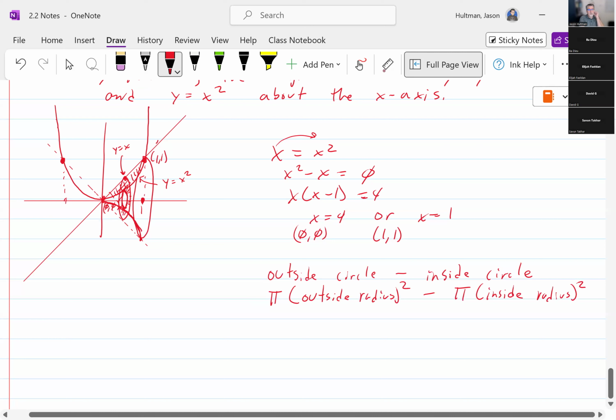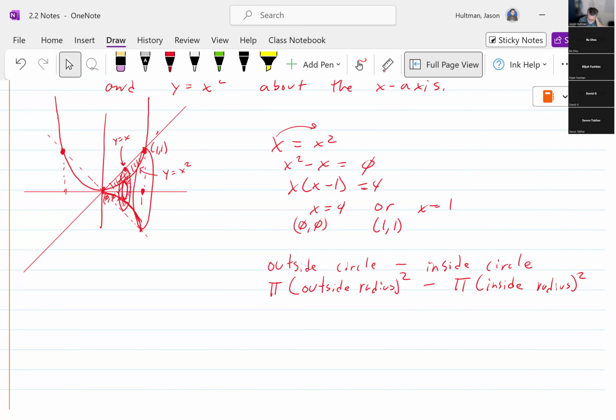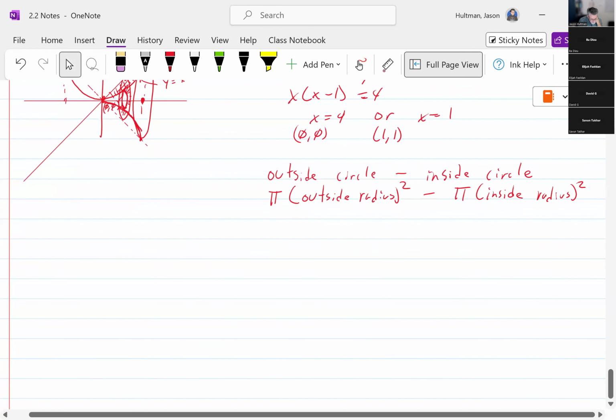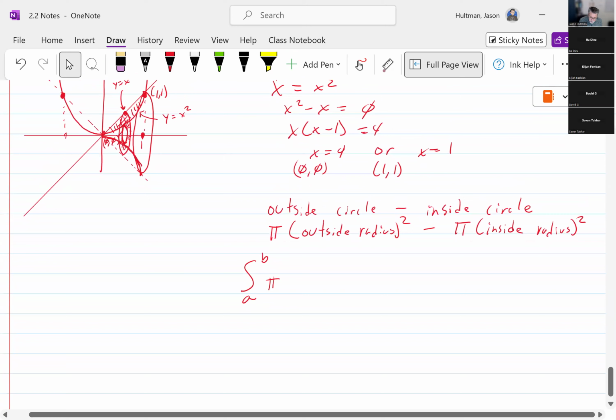So to find the area of the outside circle minus the area of the inside circle, we want to get the outside volume when we rotate minus the inside volume. So we can rewrite this as the integral from a to b of pi. We're going to call f of x the outside.